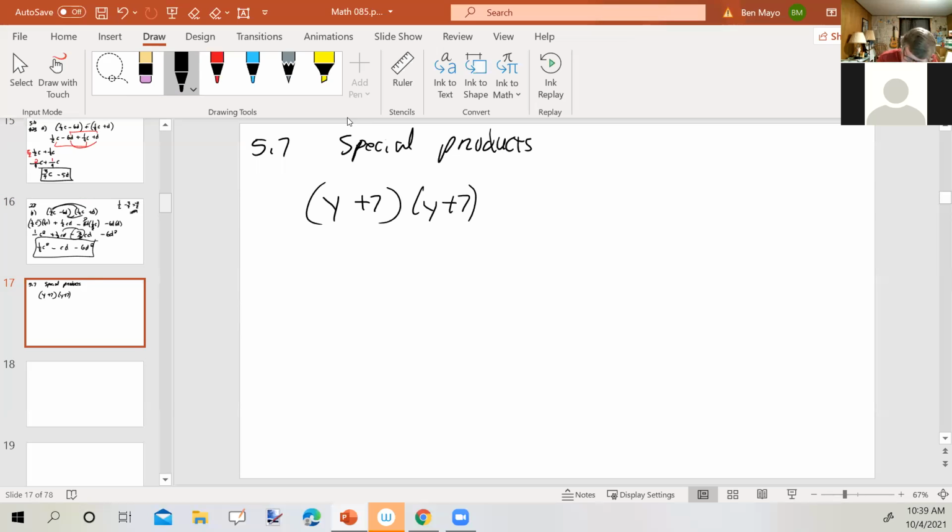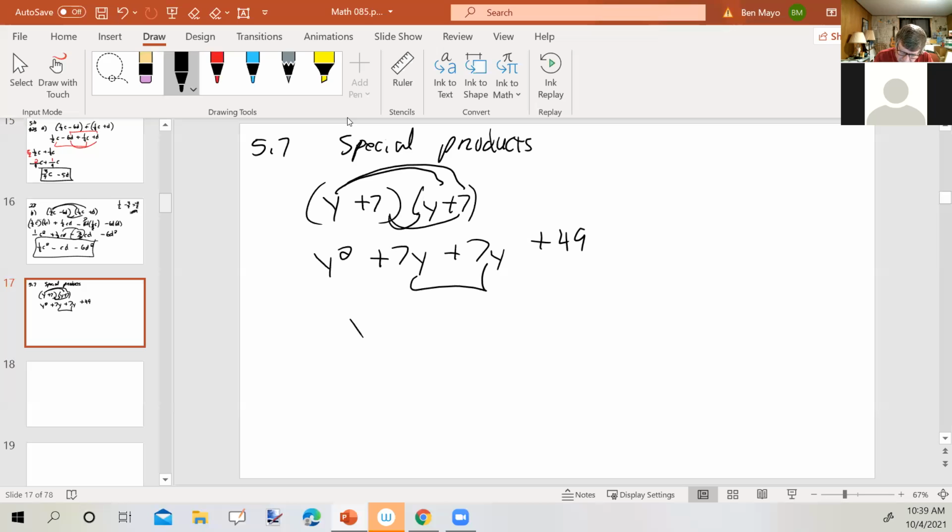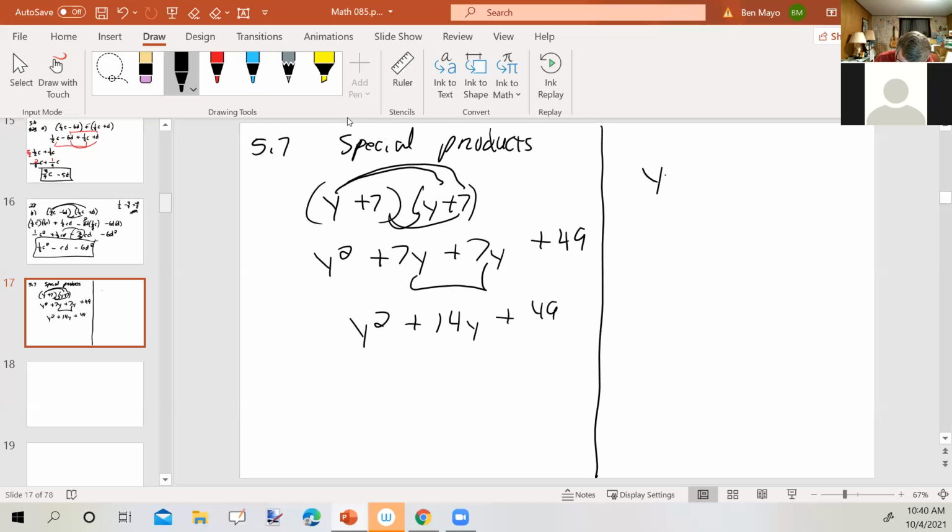So foiling this together, we would get y squared plus 7y plus 7y plus 49. Combining like terms, y squared plus 14y plus 49. Now, what if we had y plus 7, the quantity, squared?